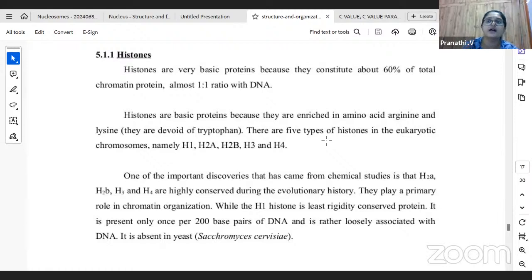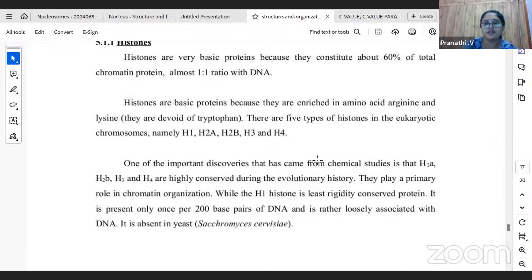So there was a high conservation during evolutionary history, and they play the most important role in chromatin organization.